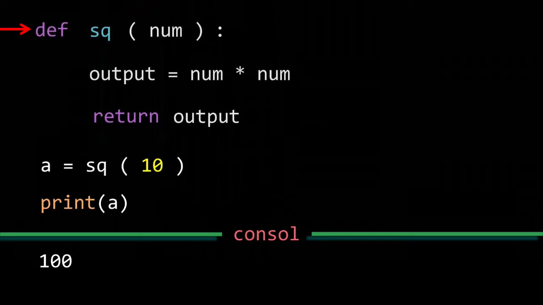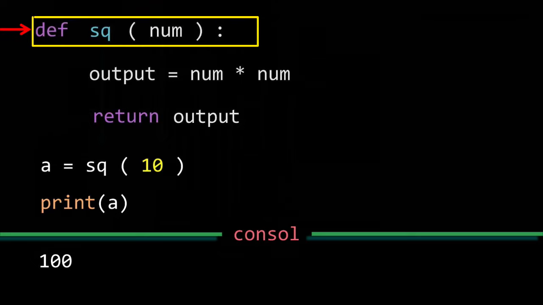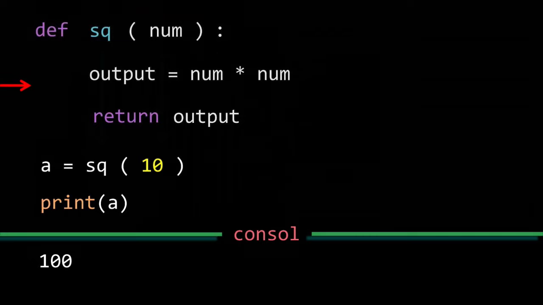But when it encounters the word def, it knows it is a function, so it just stores the definition of the function and keeps it. The things will not get executed over here. The execution starts when the function block is completed.